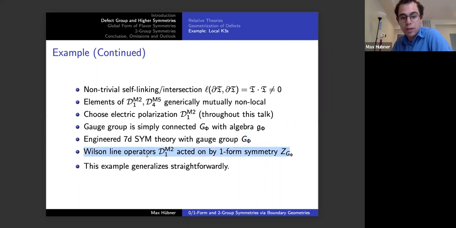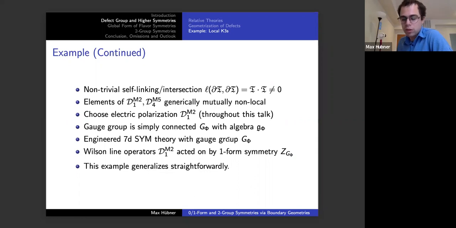The extended operators are the Wilson lines, constructed from M2 branes, and they're acted on by the one-form symmetry, which is the center of this simply connected Lie group. And the point is that this example basically captures everything one needs to know for the geometric engineering of higher symmetries.